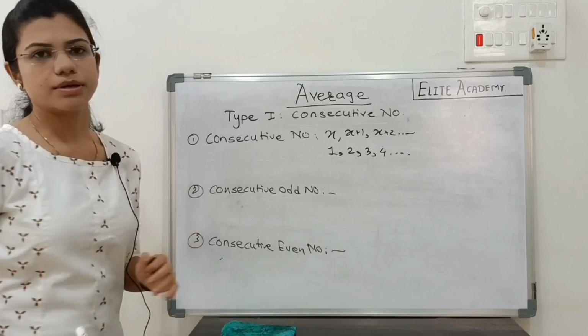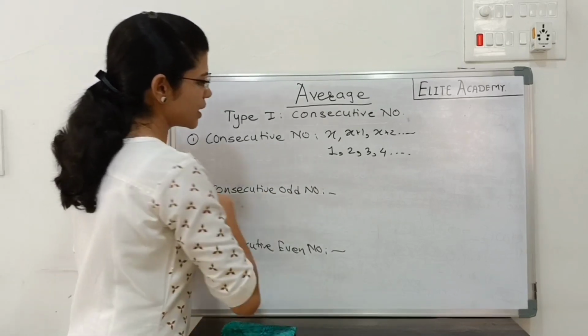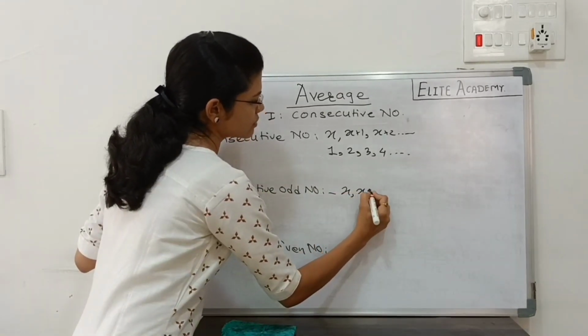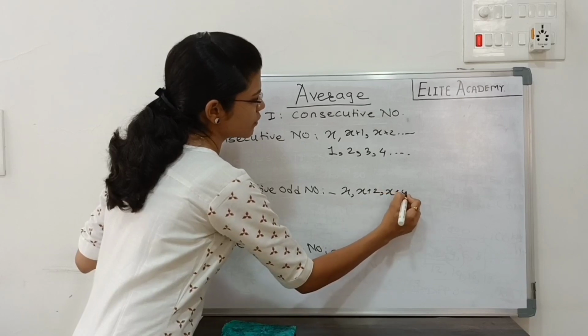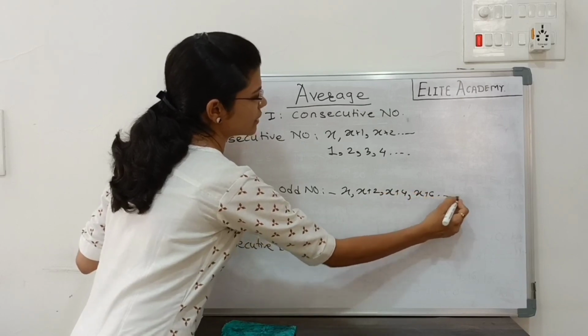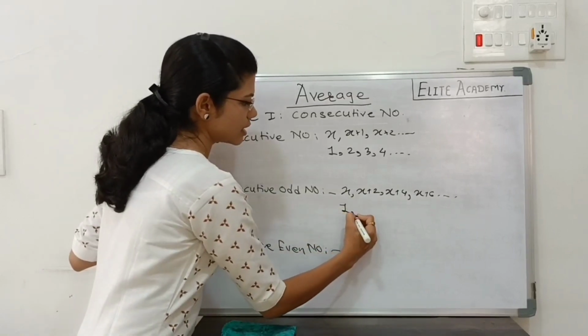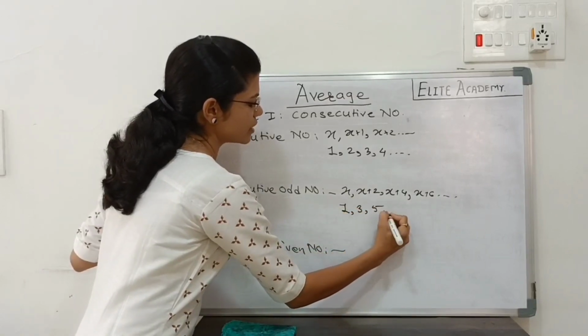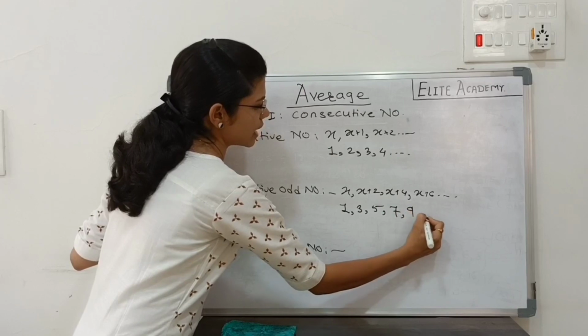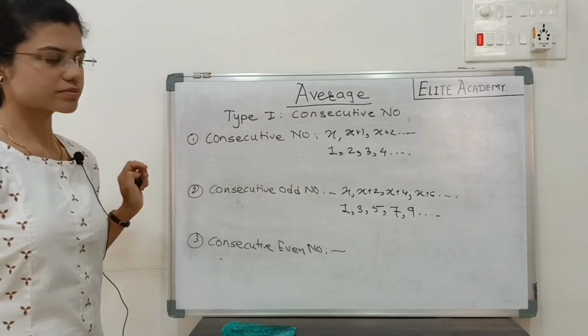Consecutive odd numbers: the formula is x, x plus 2, x plus 4, x plus 6 and so on. Take an example. Suppose x is 1, then 1, 3, 5, 7, 9 and so on.